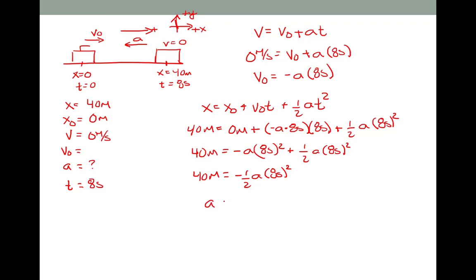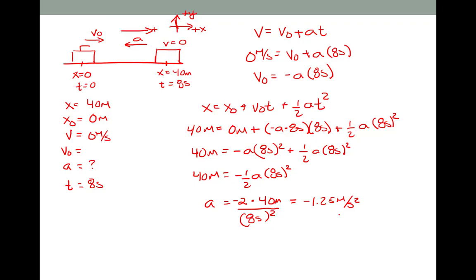Which means that a equals 2 times 40 meters divided by 8 seconds squared. There's a negative sign out front, don't want to drop that. And if I put that all in, I get an acceleration of negative 1.25 meters per second squared. It is negative. I expected it to be negative because that's how I set up my coordinate system.